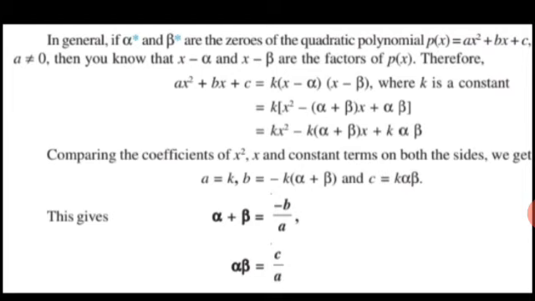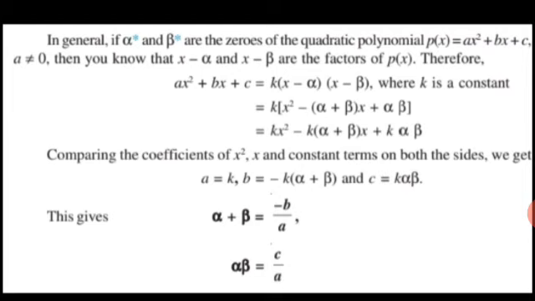So, with this knowledge and the knowledge of splitting the middle term that you had in your 8th standard itself, we are going to find the factors of our quadratic polynomial ax square plus bx plus c. This is how you will get the factors of the given polynomial.